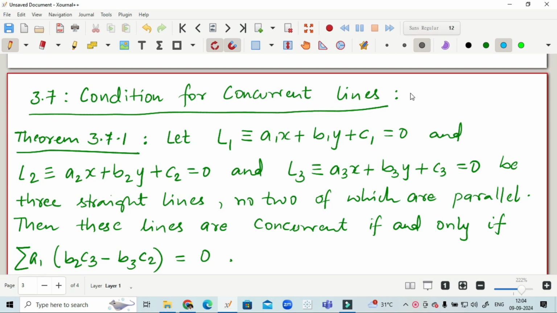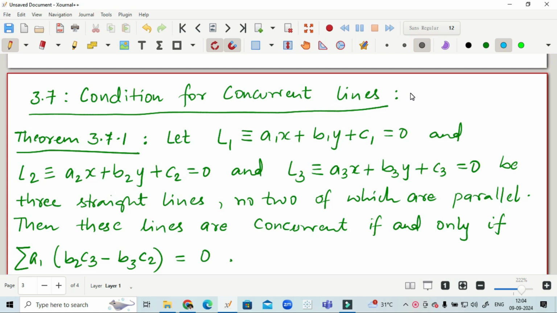So we are going to learn about the topic condition for concurrent lines, or condition for concurrency of three lines. Here the theorem states that L1: a1x + b1y + c1 = 0, L2: a2x + b2y + c2 = 0, and L3: a3x + b3y + c3 = 0 are three straight lines, no two of which are parallel.